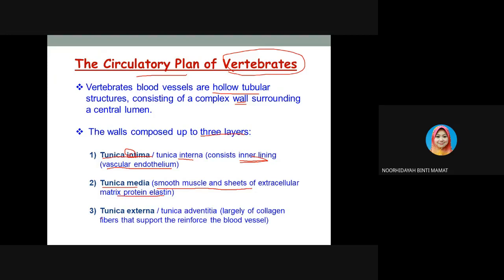The third layer of the wall is the tunica externa, which we can also call the tunica adventitia. This tunica externa is largely collagen fibers that support and reinforce the blood vessels. So these are the 3 layers of the walls of the blood vessels in vertebrates.